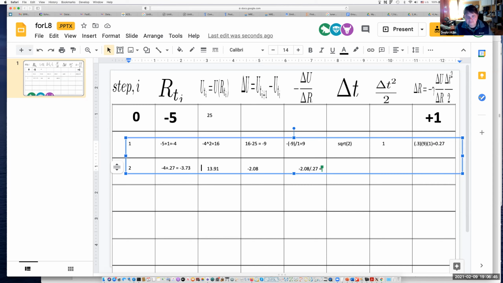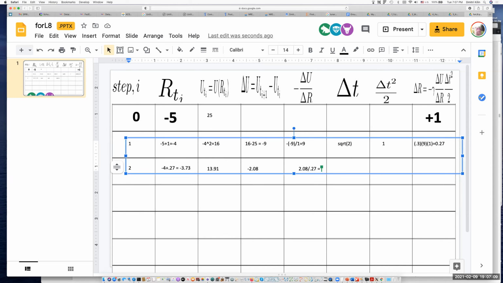Okay. 15.73. Thank you, Sarah. And I think it should be positive because we again have negative energy, positive increment. What did she say it was?